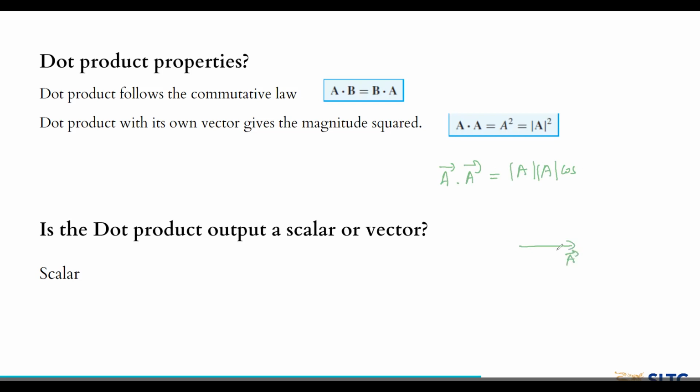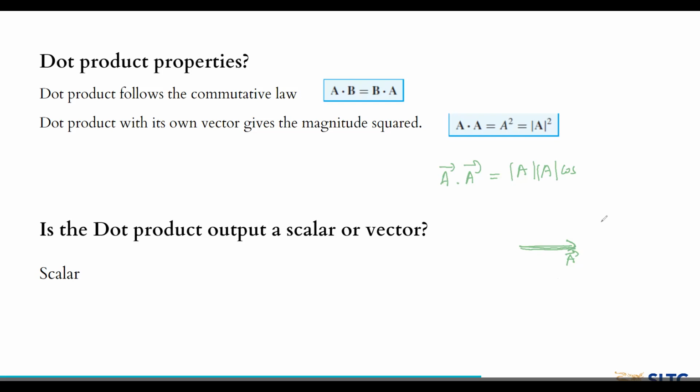If we take the vector A and take the product with itself, the two vectors are similar, so they lie on the same line and at the same point, on top of each other.